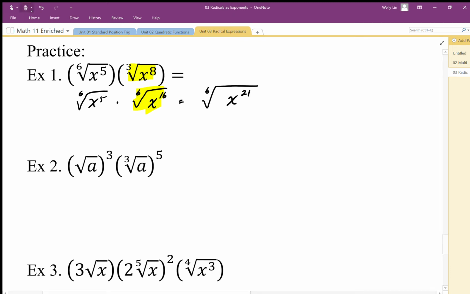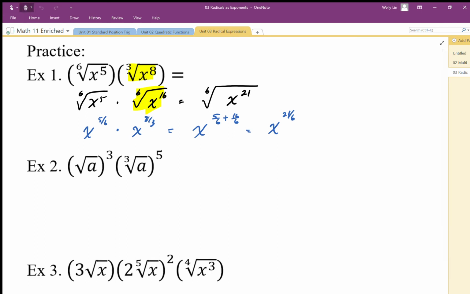Okay. Alternatively, we could have done this in exponential form, x to the power 5 over 6 times x to the power 8 over 3. To multiply these together, we need a common denominator, so we get 5 over 6 plus 16 over 6, and we end up with x to the power 21 over 6 is what we have here.